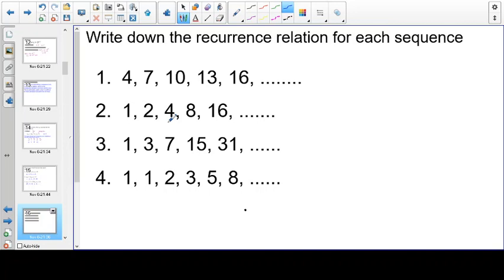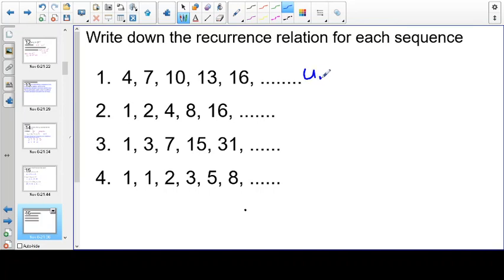Okay, now I'd like to see if you can write down what the recurrence relation is for each of these sequences. So pause the video again. Okay, so this one is going up by 3, by 3, by 3.